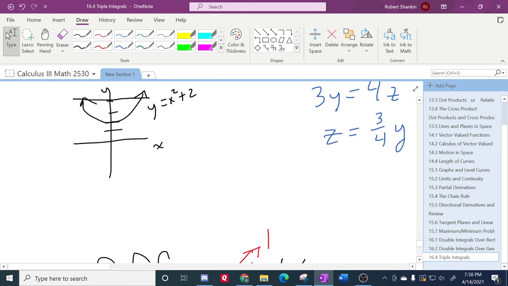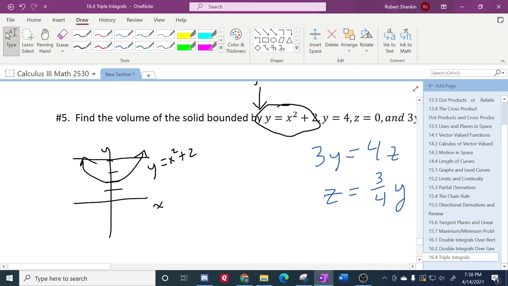The problem with 4 is that it would go all the way to the origin. So we got to go from here up to here. So the y is stuck between x squared plus 2 and 4. Right there. From the lower limit to the upper limit.